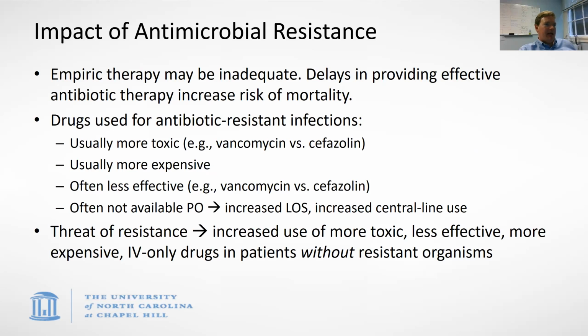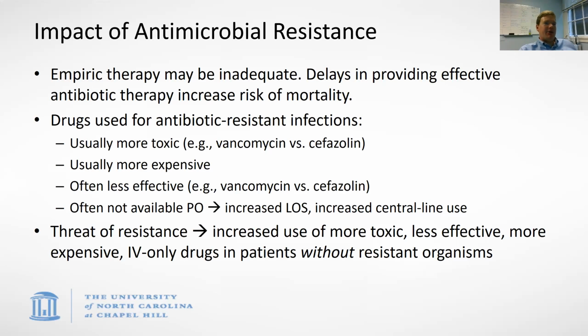So if you always pick, let's say you always give everybody with UTI ceftriaxone. That's what we do for children in our hospital. They all get ceftriaxone. If they have a ceftriaxone resistant organism, then we're not going to find that out for 2 days at least.